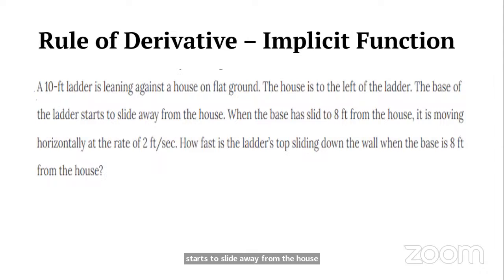When the base has slid to 8 feet from the house, it is moving horizontally at the rate of 2 feet per second. How fast is the ladder sliding down the wall when the base is 8 feet from the house?